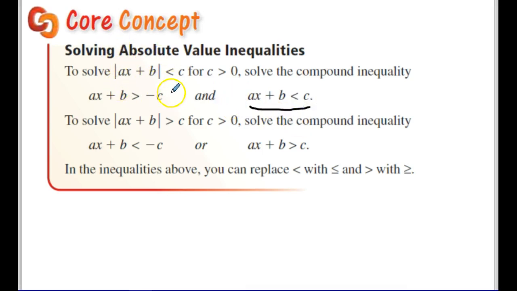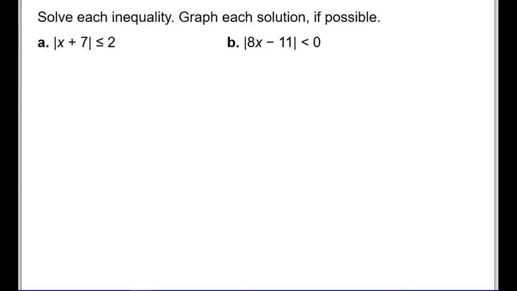And when we're dealing with absolute value, we're always going to have two answers. So to find my first answer, I've got ax plus b is less than c, and I just rewrite it. As before with our absolute value, we had to change the sign of the constant on the other side. So I'm still going to do that, but when I change that sign, I'm also going to change the direction of the sign. Okay? So now let's look at a couple of examples.